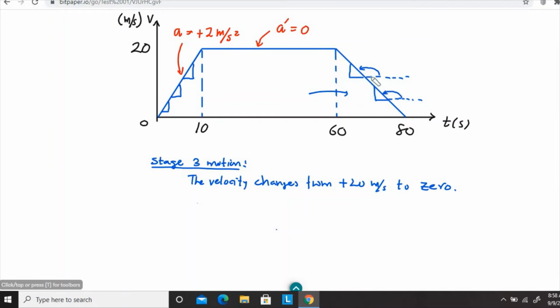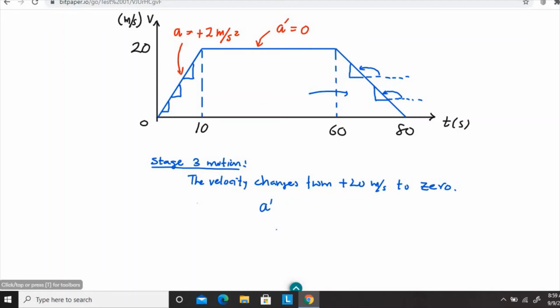Okay. So then the acceleration, we can figure that out again. You have to realize that since this is a straight line slope, a constant slope, the average acceleration equals the instantaneous acceleration for that part of the motion, and we say that we have constant acceleration. So let's look at what that constant acceleration is.